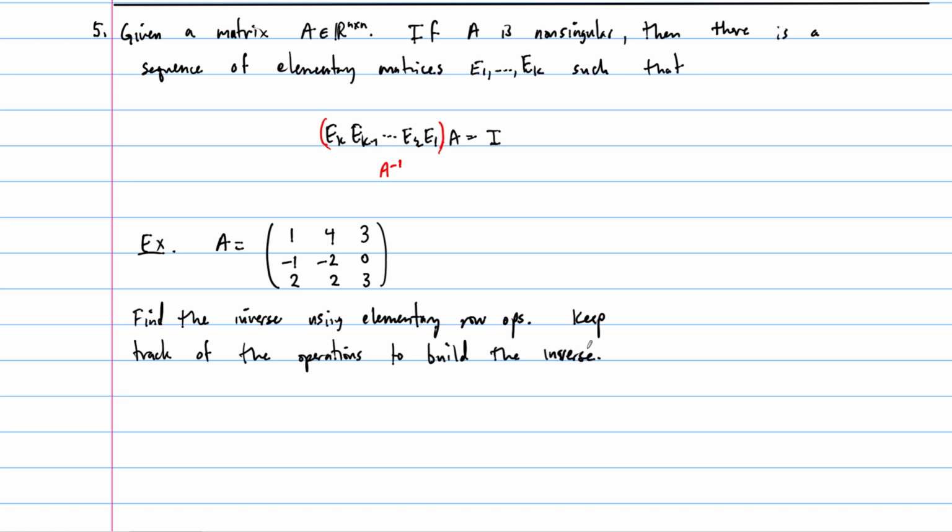I don't think I said this exactly right, but what I want you to do is perform the row operations to convert this to the identity matrix, changing to the identity matrix by performing only elementary row operations. Keep track of each row operation, and then use the corresponding elementary matrices, just like this, to build the inverse matrix. So give it a shot, and then you can unpause it if you get stuck, and we'll do it together.